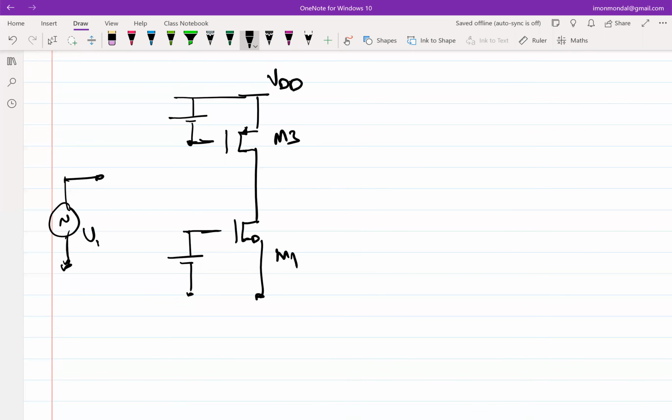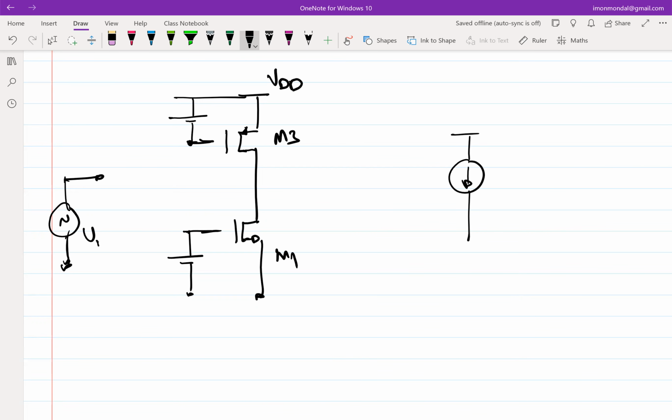But let me show you something that is actually quite interesting. Initially, let's say I want to bias anything. Let's say I can think of it as M3 providing the current for M1, and also I can assume that M1 is providing the current for M3, right?